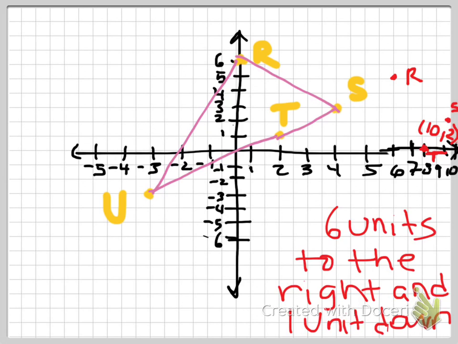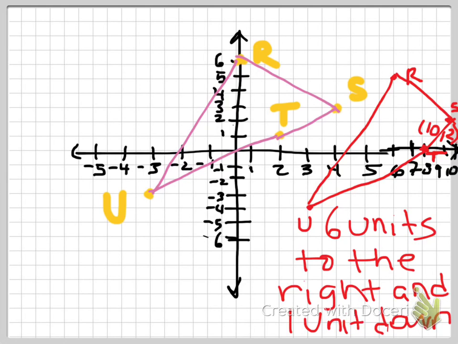And then for letter U, 6 units to the right would be 3 over here, and 1 down from that. So that's going to bring us to here, and that would be letter U. So if we connect it, we've just moved our whole figure 6 units to the right and 1 unit down.